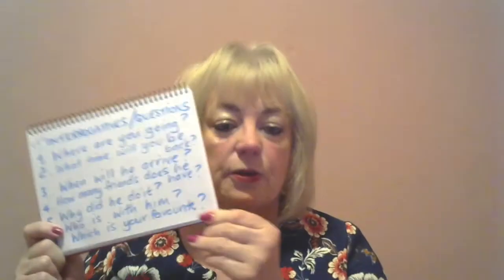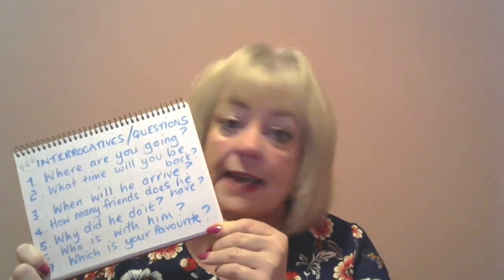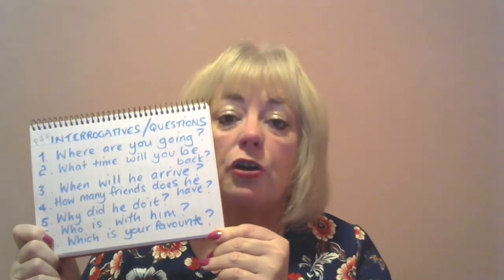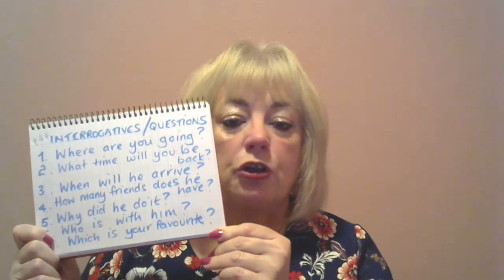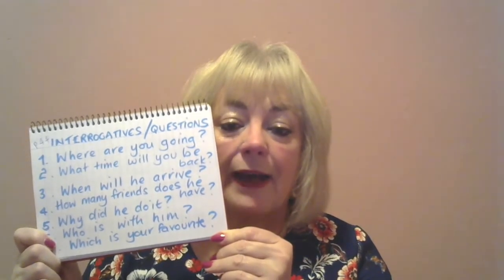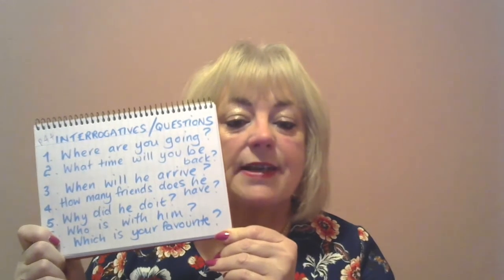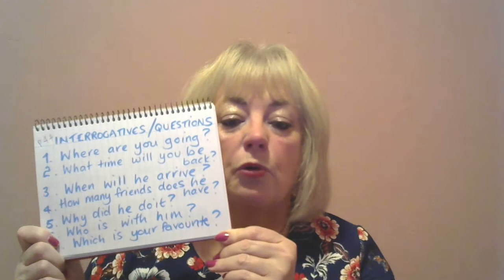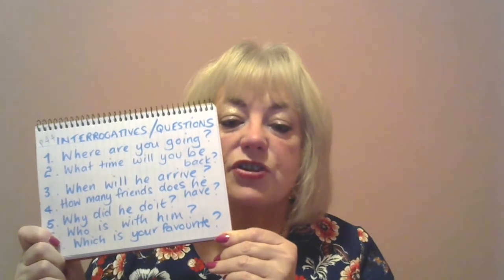Okay, so these are the questions you need to translate for the purpose of this test. Número 1, where are you going? Número 2, what time will you be back? Número 3, when will he arrive? Número 4, how many friends does he have?